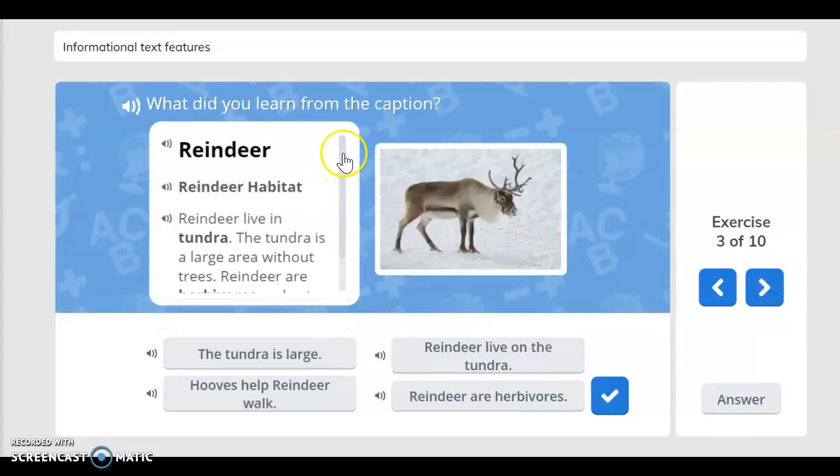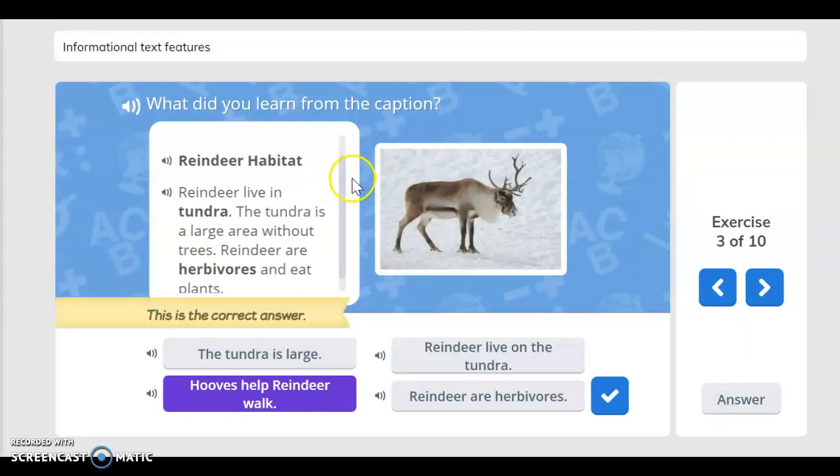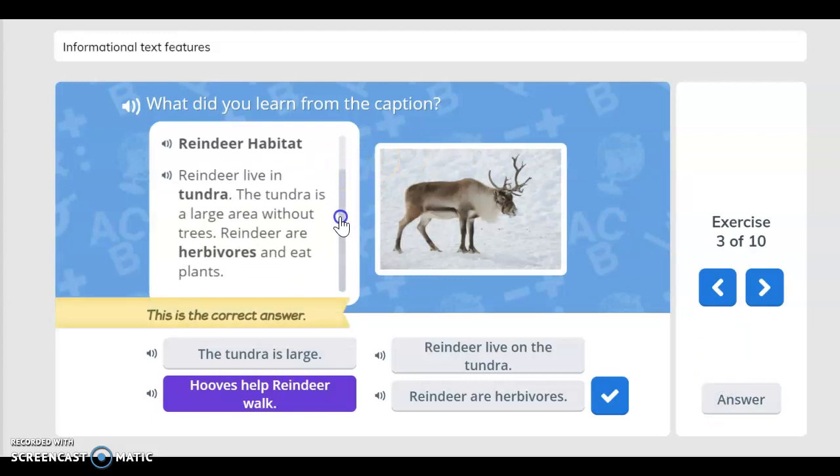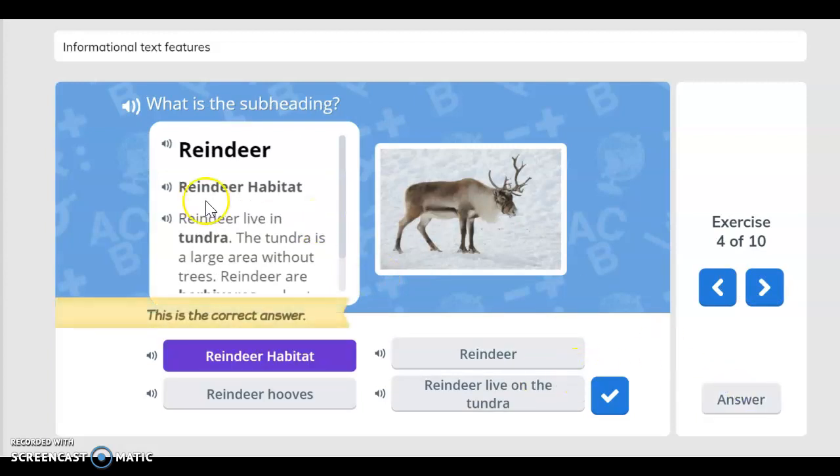What did you learn from the caption? Hooves help reindeer walk. What is the subheading? Reindeer habitats. This is the subheading.